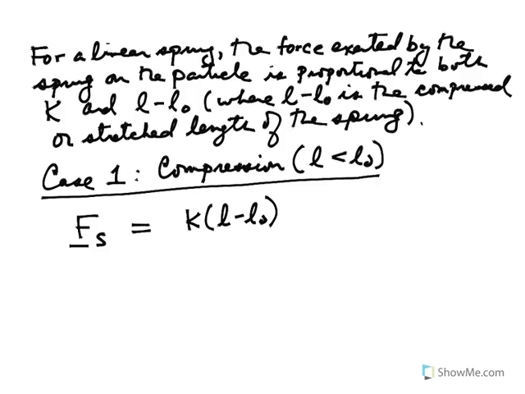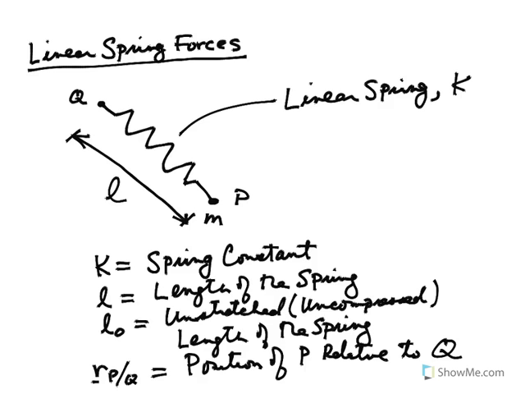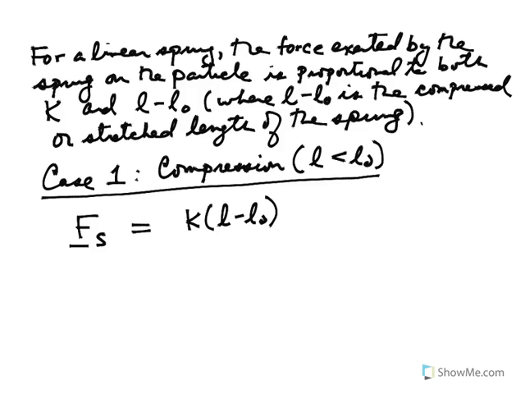But if you look at the picture, you'll see that if the spring is compressed, the force has to be along the direction from Q to P. But L minus L naught is negative.